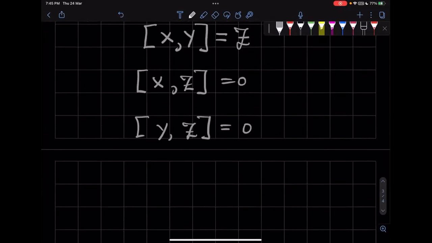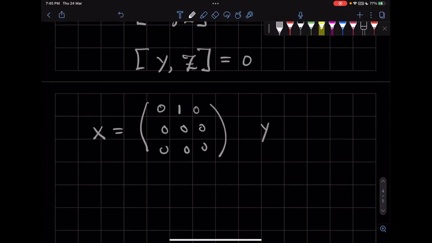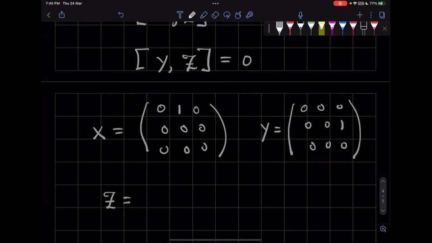And there is a matrix representation of these things, in terms of 3 by 3 matrices. This is X, and this is Y, and this is Z. Just one second, okay?